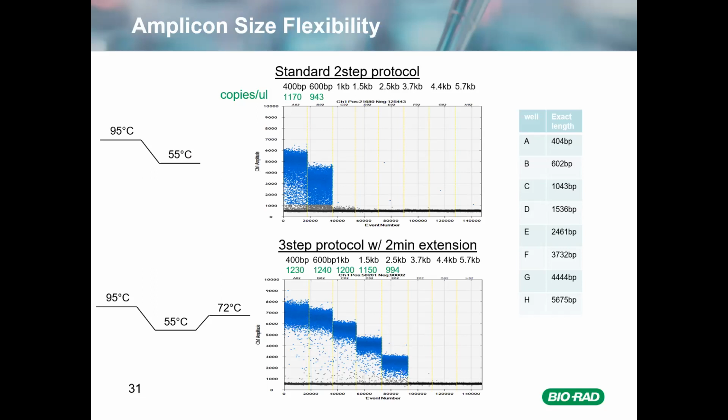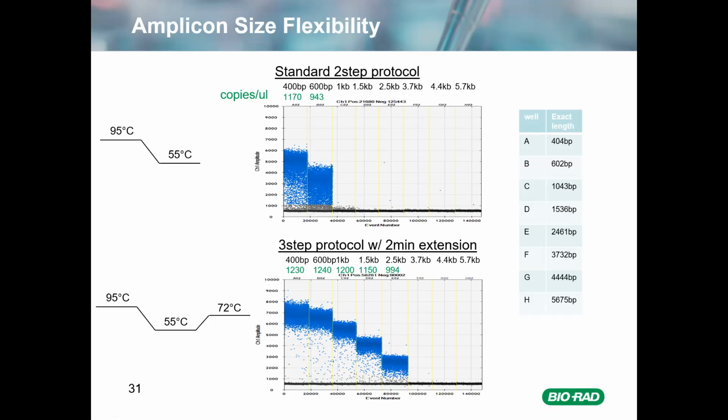So in this case, we're looking at amplicons going from 400 up to 5.7 kb, already more than double the size of what we can do by qPCR. You can see that we are getting positive droplets. However, there are a lot of these intermediate droplets, often referred to as rain, and I would have a hard time setting my threshold in this case.